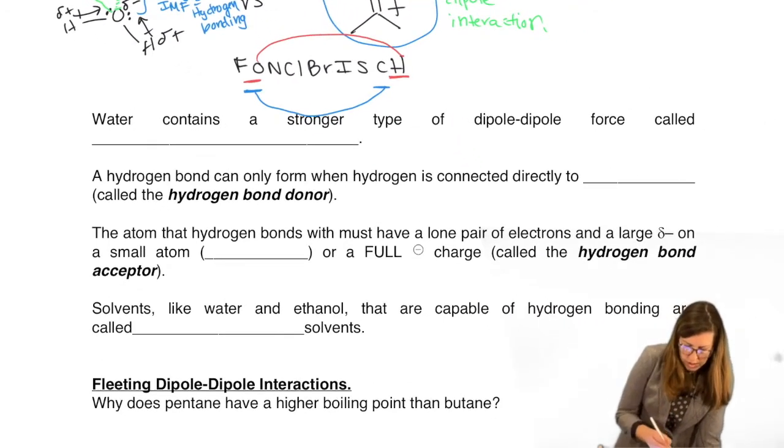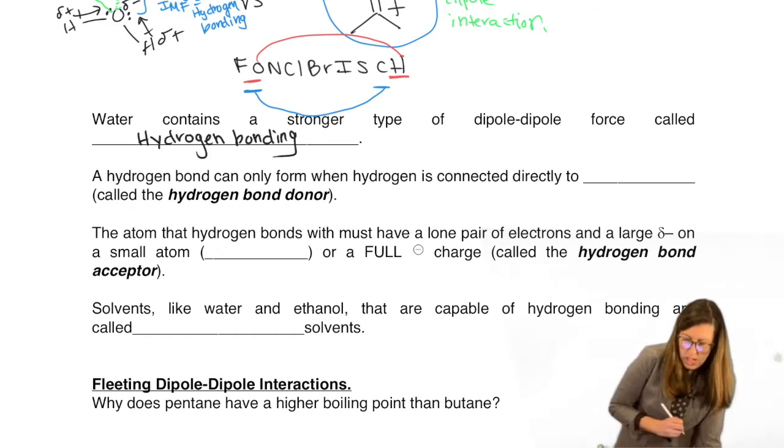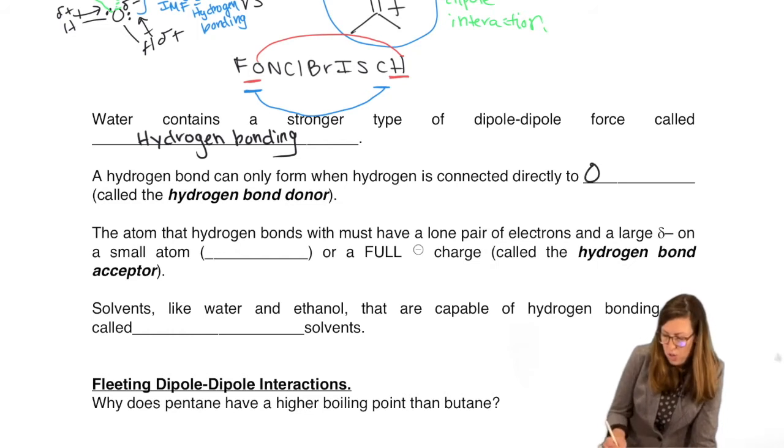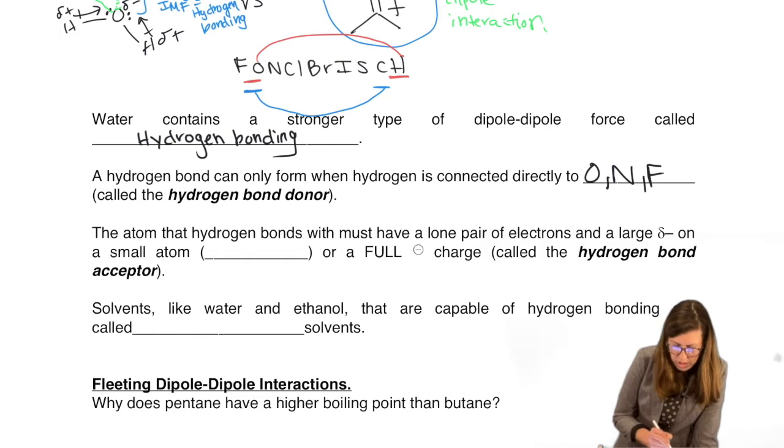Okay, so this is called hydrogen bonding. It is limited to O, N and F. Okay, so this region of the electronegativity scale. So let me highlight it.